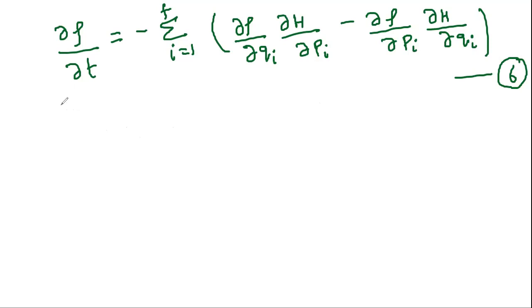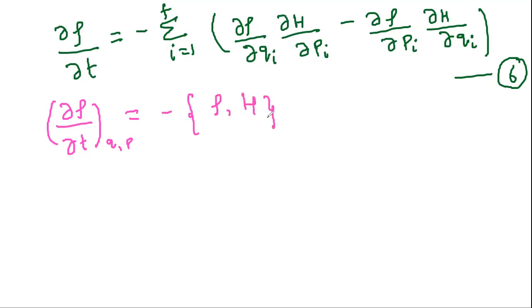That was dou rho by dou t, sometimes written with subscript q comma p, that means the point q, p is fixed and not changing with time, equal to the negative of the Poisson bracket of the two functions, rho and h. This is the compact way of writing this, as we already discussed. We named it equation 7. I've listed all the equations which we have established.